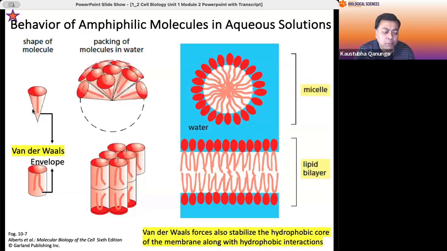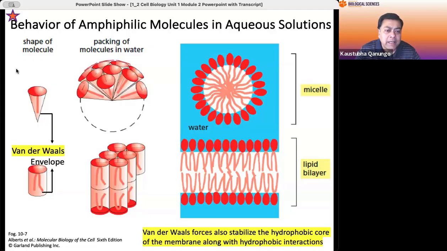Here, see that with a single fatty acid tail, the van der Waals envelope is somewhat conical, whereas it is somewhat cylindrical if you have two tails. And they pack in a little bit different way in the water. The van der Waals forces also stabilize the hydrophobic core of the membrane along with the hydrophilic interactions. So these are the natural ways.